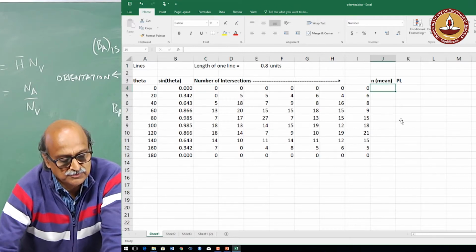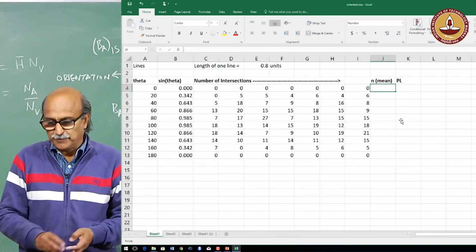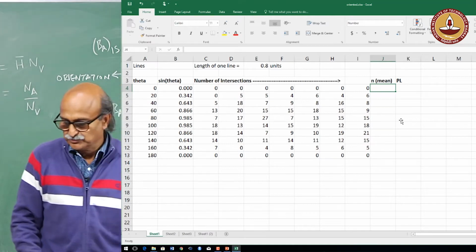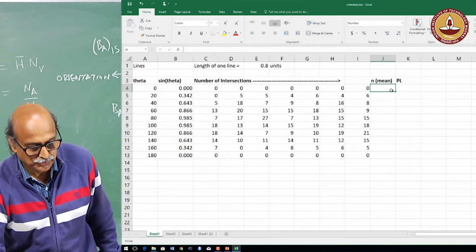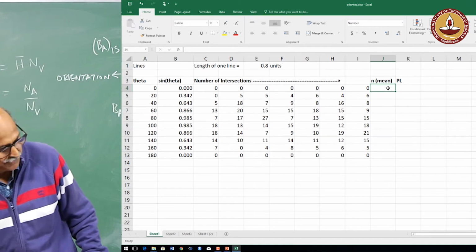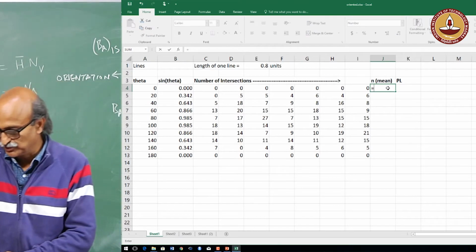What I do first is calculate the average number of intersections per unit length along different orientations. I will show you on Excel itself. I first introduce the formula for theta equal to 0 degree.